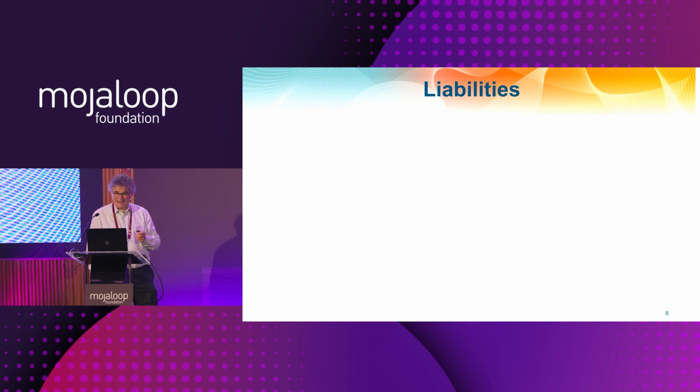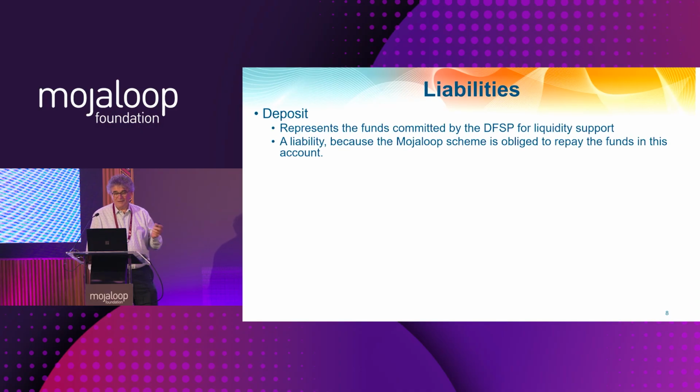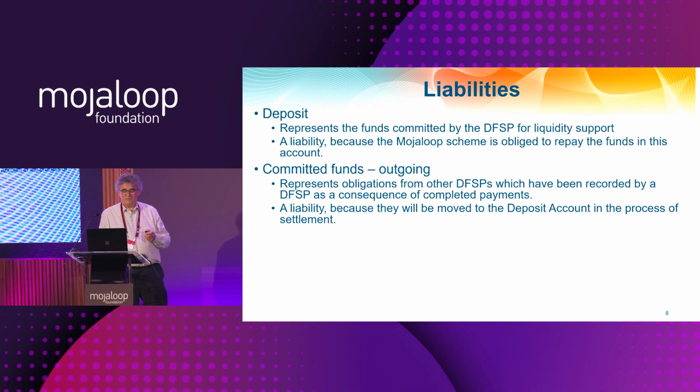Now let's look at the actual account types. Liabilities are, first of all, the deposit, which represents the funds that a DFSP has committed for liquidity support. And it's a liability because, as I've just said, the Mojaloop scheme eventually will need to repay the funds to the DFSP. Next, we have what we're calling committed funds outgoing.